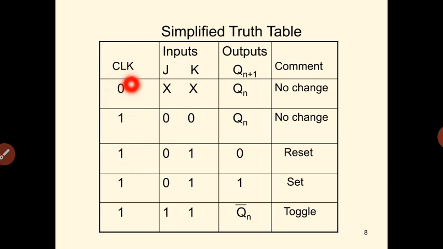In the absence of clock, that means when clock is equal to 0, irrespective of the J and K inputs, the present output will be equal to its previous state only. That means there is no change in the output of the JK flip flop whenever you are not applying any clock signal.